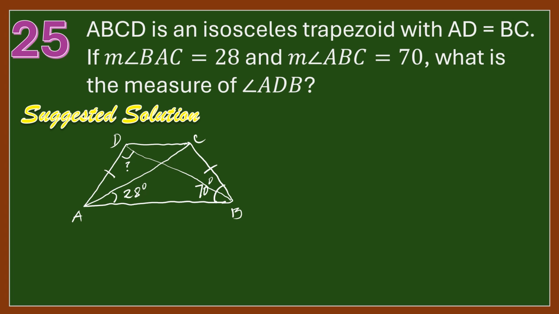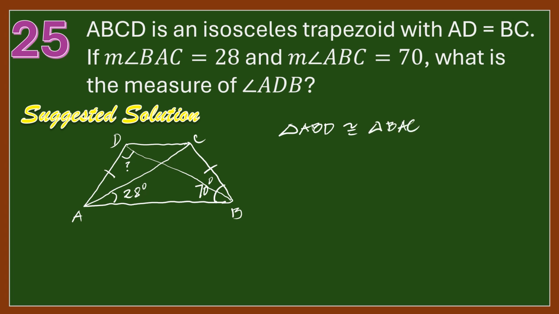Since this is an isosceles trapezoid, we have AD equal to BC. The diagonals of an isosceles trapezoid are congruent. Also, AB is a side of triangle ABD, also of triangle BAC. Therefore, triangle ABD is congruent to triangle BAC.